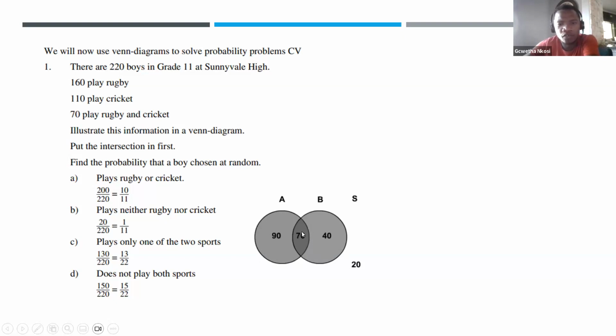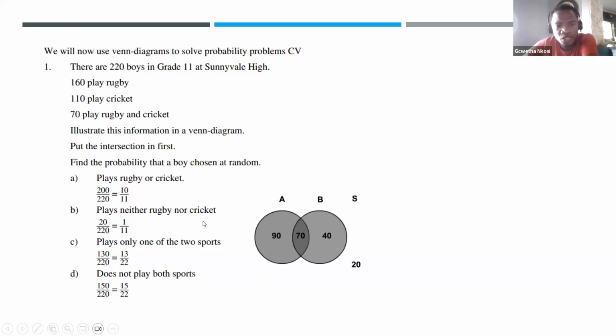So when we look for a union, that is how we are going to find that. We are going to say this plus that, all divided by the sample space. So when we divide by the sample space, that is going to be 10 over 11 when you have already simplified it, of which is 200 over 220. Simplify this one is 10 over 11.